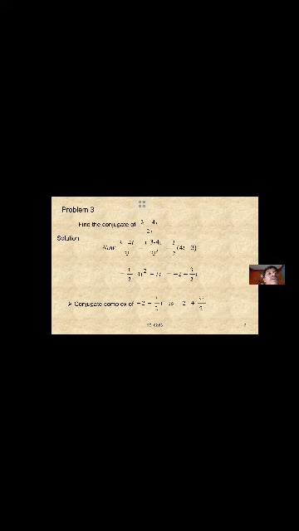Then we can easily find its conjugate complex. The same way here, we first converted the given question into a plus ib form, and after that we can easily know the conjugate. Conjugate means the opposite sign of the imaginary part. Okay.